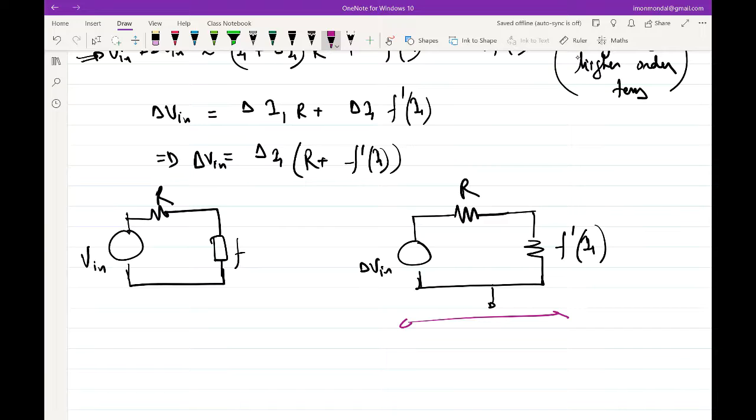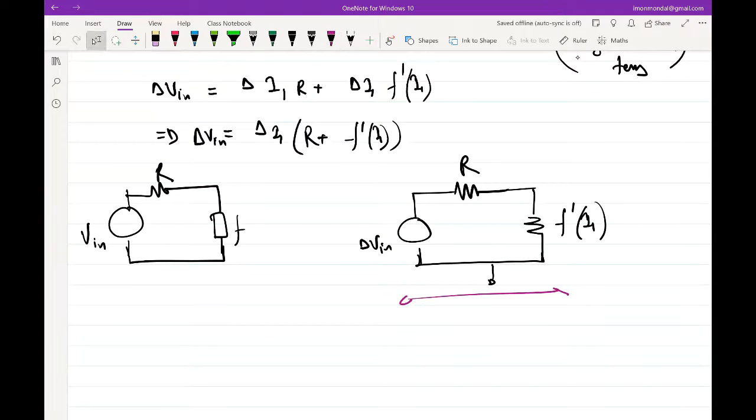So now we have a framework to go from a generic nonlinear element in the network to a perfectly linear network. Make sense?